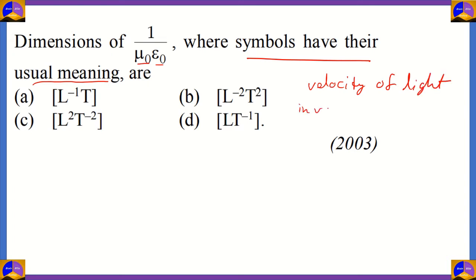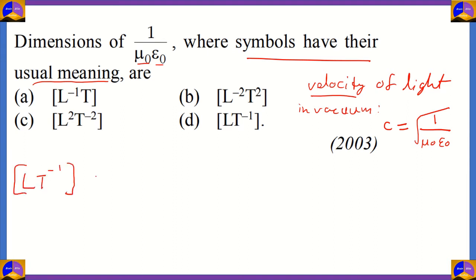in a vacuum. So the velocity of light in a vacuum is c, which is equal to under root of 1 by mu naught epsilon naught. So velocity has the dimensional formula LT raised to minus 1, and the right hand side is equal to 1 by mu naught epsilon naught under root.